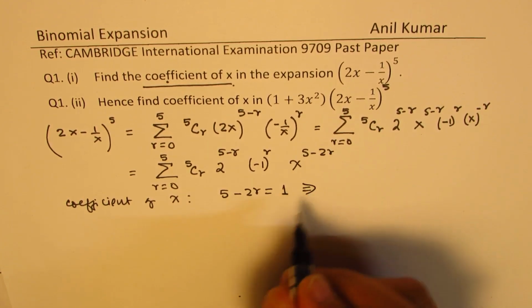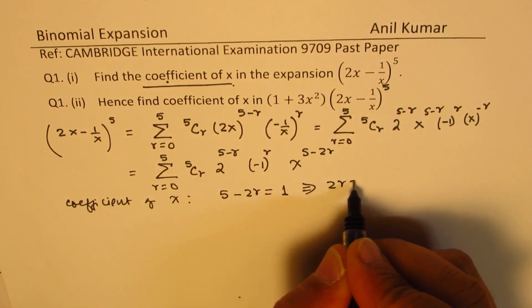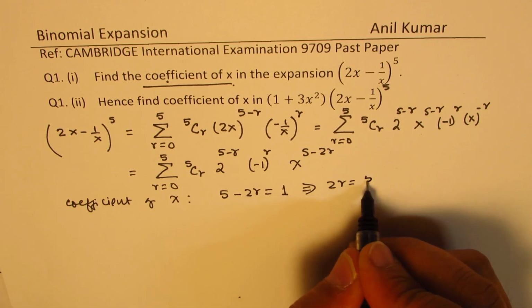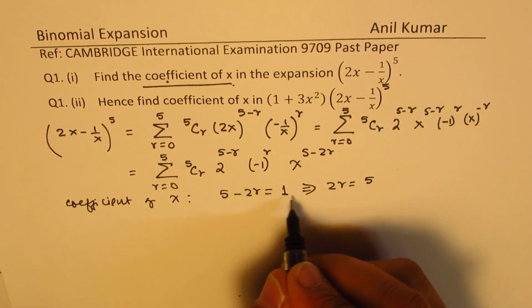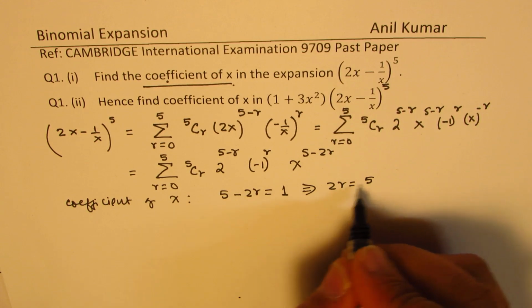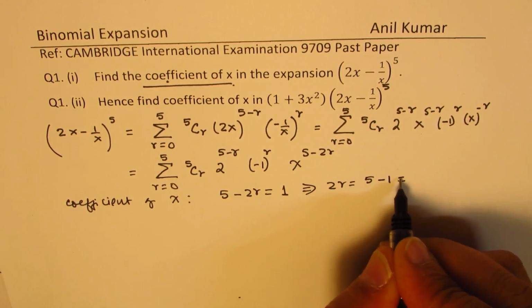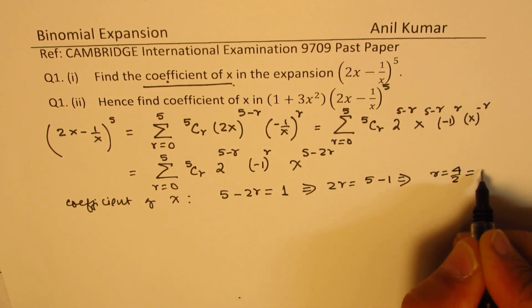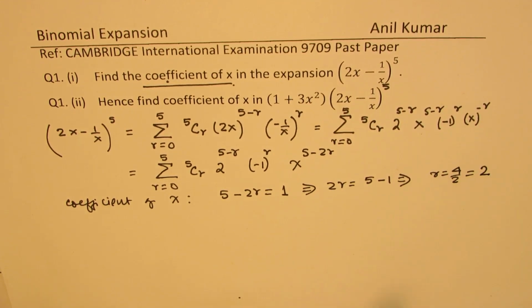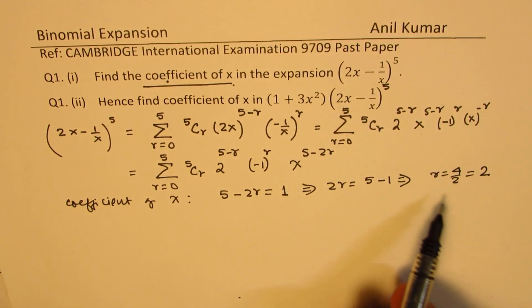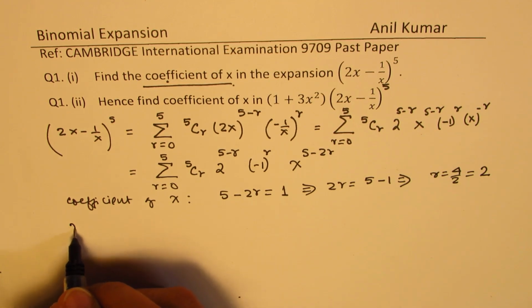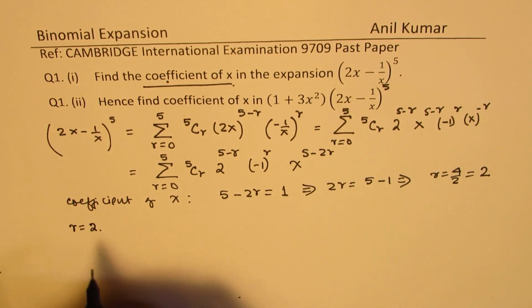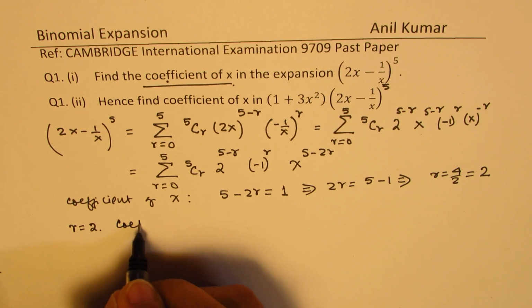So this implies that 2r is equal to 5 minus 1, which is 4. So that implies that r is equal to 4 over 2, or r is equal to 2. Okay.